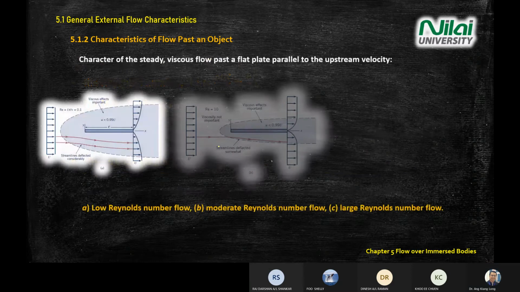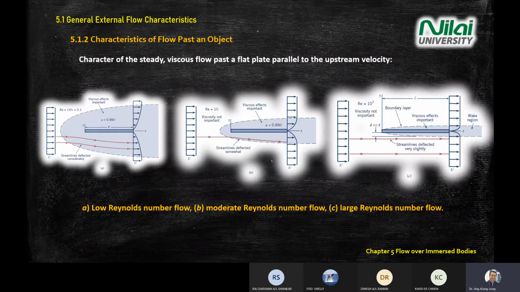All right, a quick observation of the three diagrams on the screen. The difference between these three diagrams is the Reynolds number. The first on the left has a Reynolds number of 0.1, the middle 10, and the last 10 to the power 7. Again, what is Reynolds number?